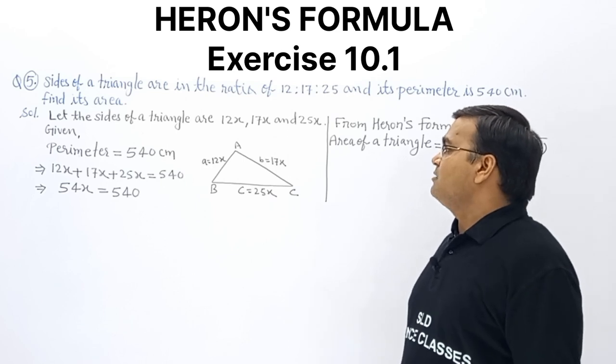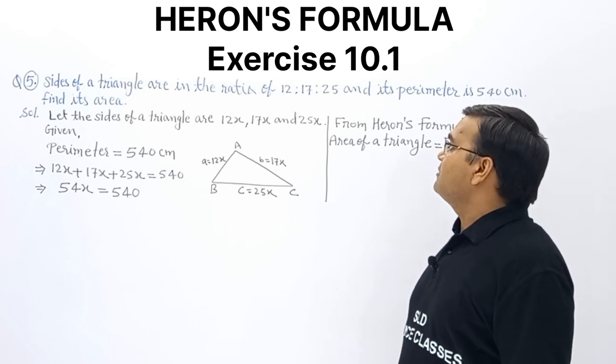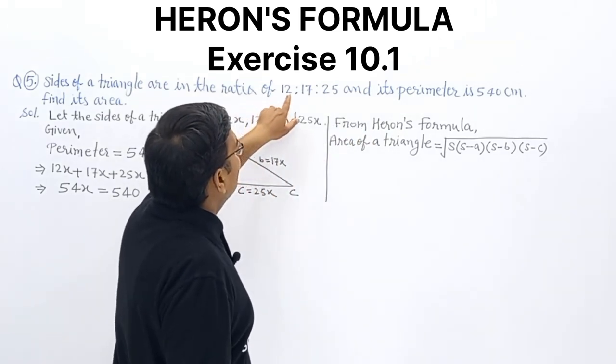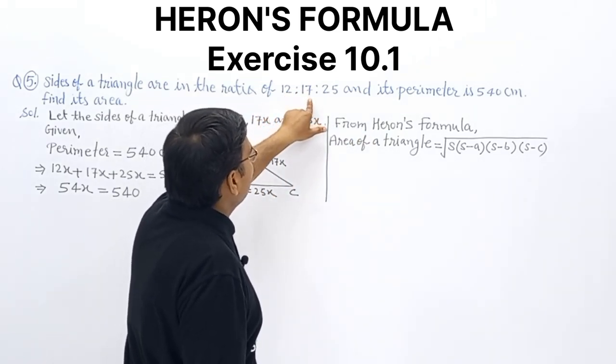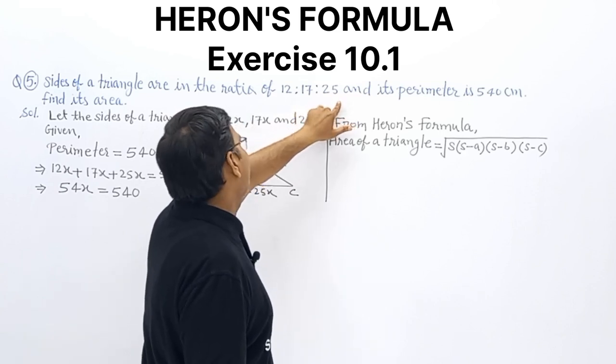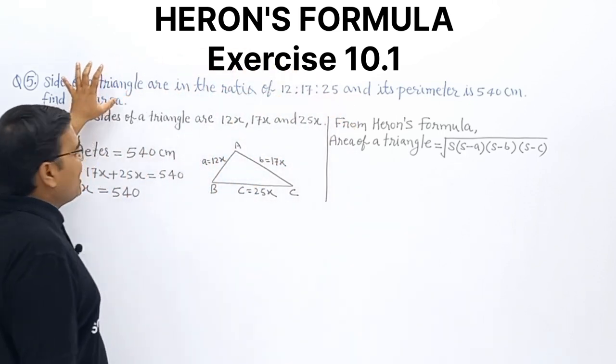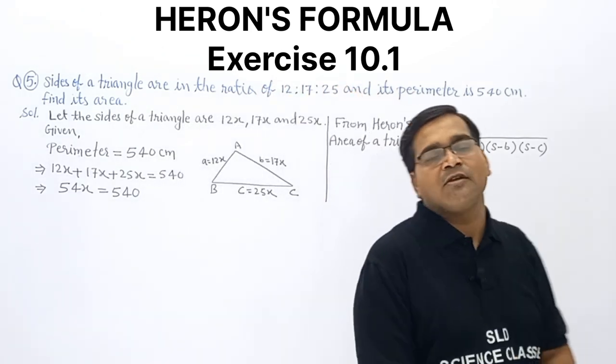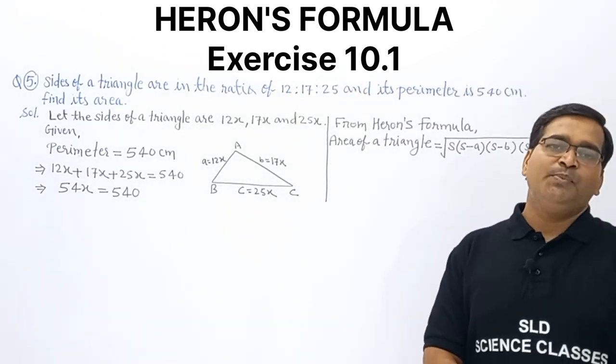Sides of a triangle are in the ratio of 12 is to 17 is to 25. A triangle has three sides and it is a closed figure.